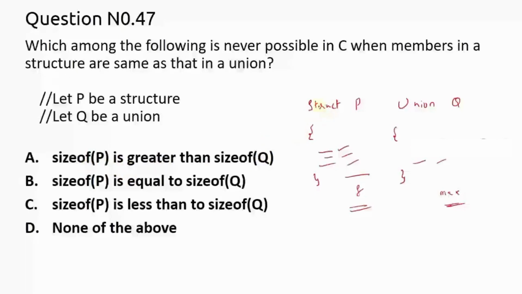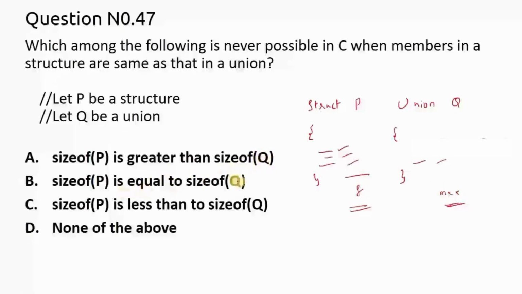Why? Because size of the structure is greater than size of Q. Definitely it is possible, because whatever variables you have here, maybe the same variables are here also, but here there is separate memory, so here it may be greater, here it may be less. So this is possible.